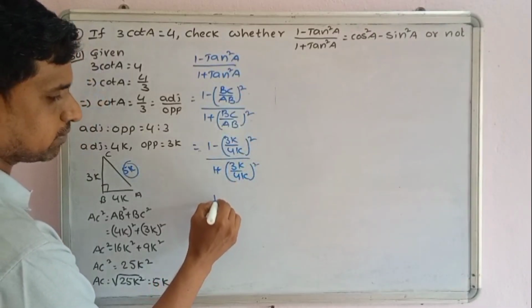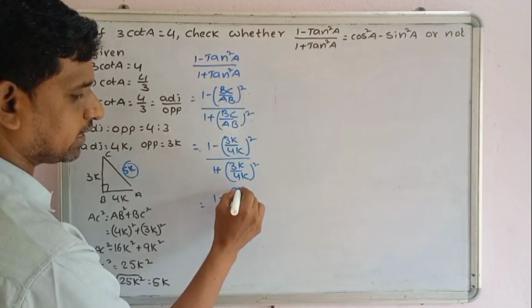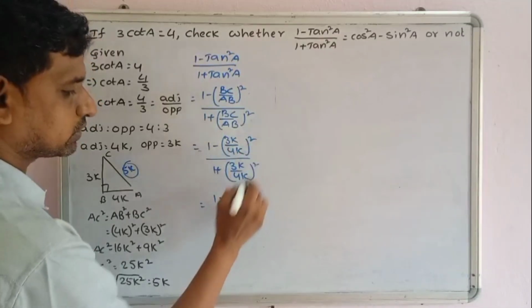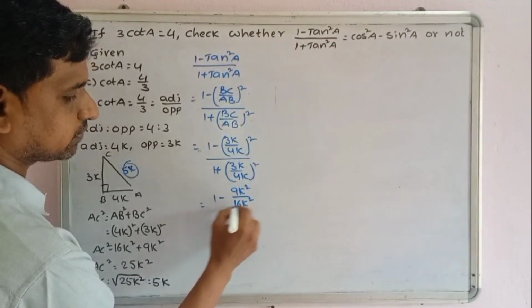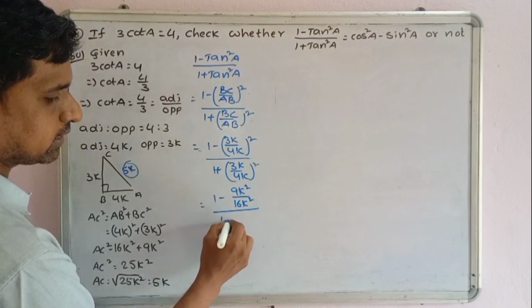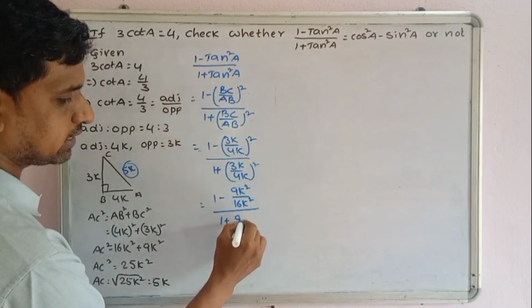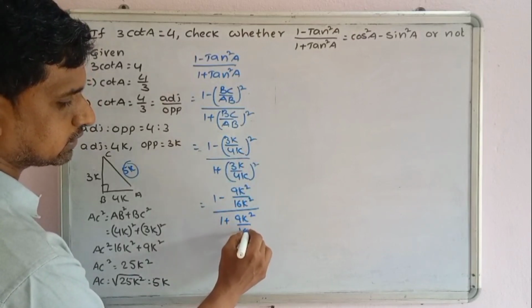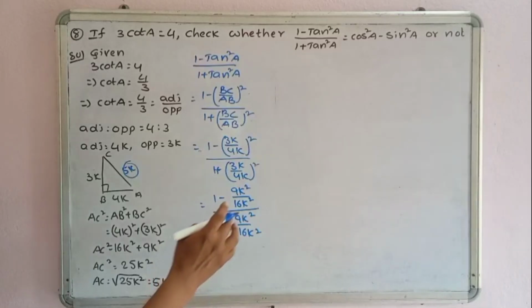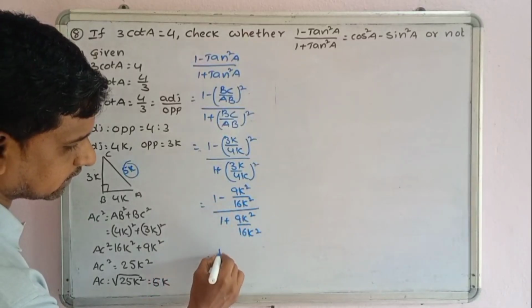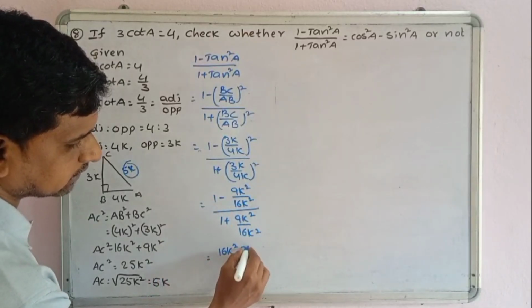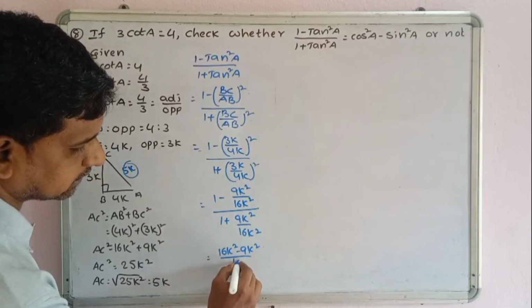That equals 1 minus 3 square 9k square by 4 square 16k square, by 1 plus 9k square by 16k square. Now 16k square into 1 is 16k square, minus 9k square, by 16k square.